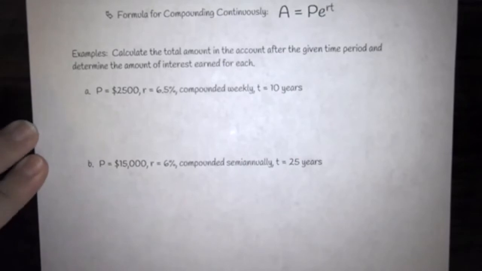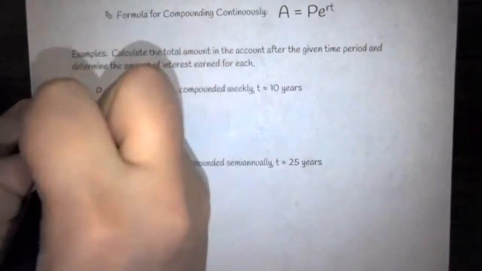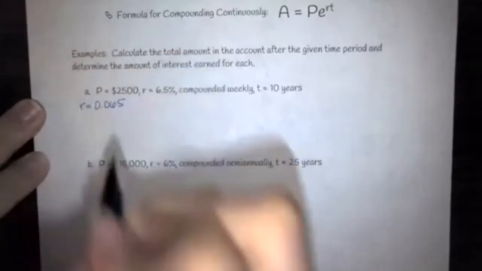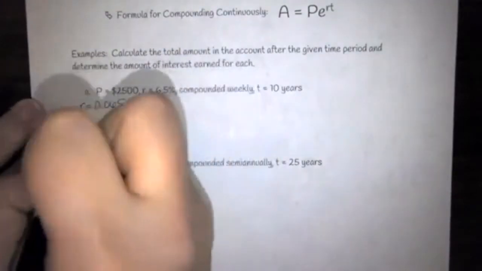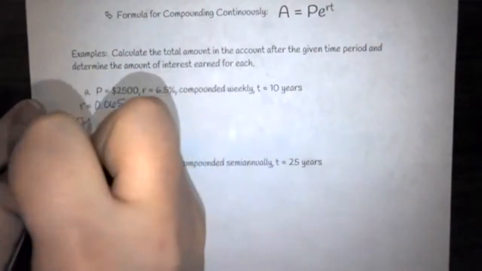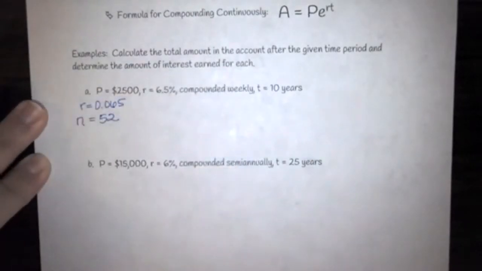So here I'm telling you that P is 2,500, R is 6.5, compounding weekly, and T is 10. So first and foremost, what do we know? Well, my rate is going to be 0.065. And then my N value, or the compounding value, is going to be 52, because there are 52 weeks in a year.